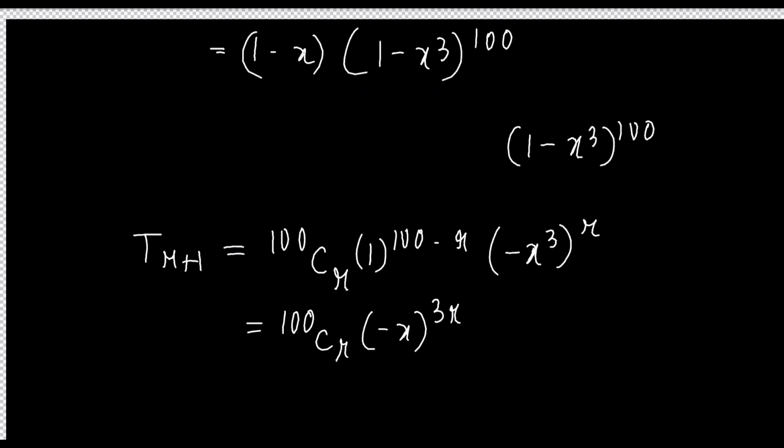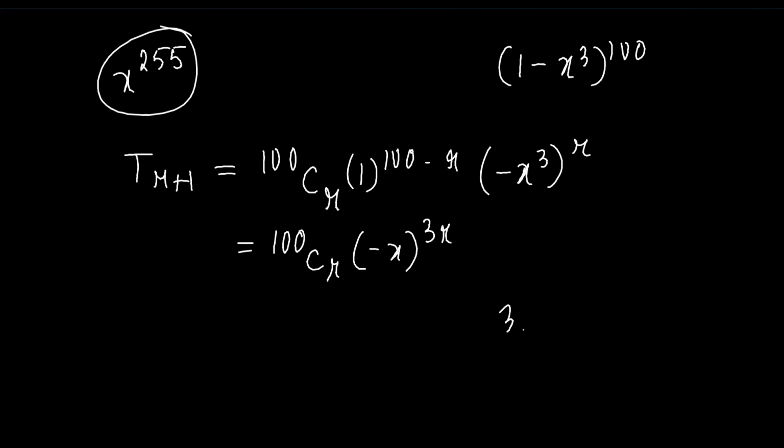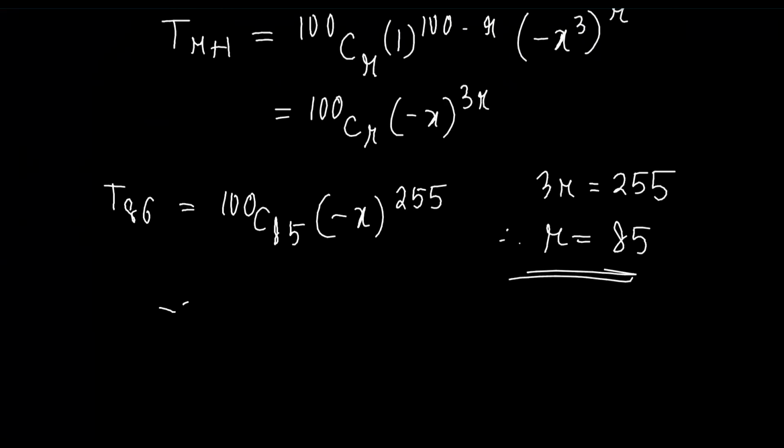If we want to find the term containing x to the power 255, we can write that 3r will be equal to 255. So from this r will be 85. So this term is the 86th term. So it is 100C85 into minus x to the power 255. Now another x was there, that means here it was given like this.